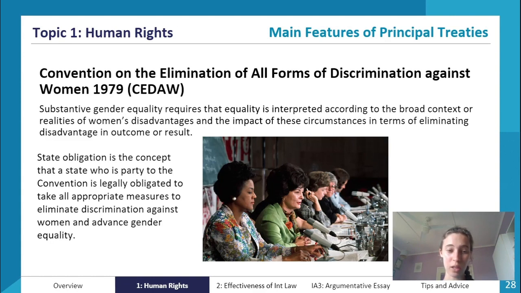And state obligation is that concept that a state who is party to the convention is legally obligated to take all the appropriate measures to eliminate discrimination against women, and not only do that, but also advance gender equality. So some photos here of back in the day when this was first coming into power, with the women on a panel there who were part of all the decision making.